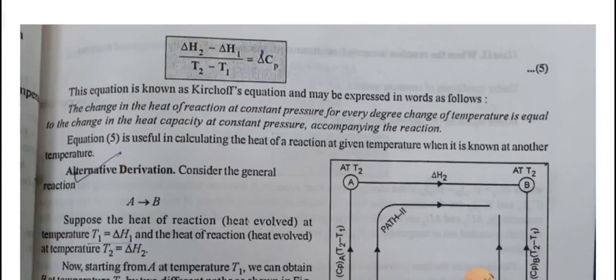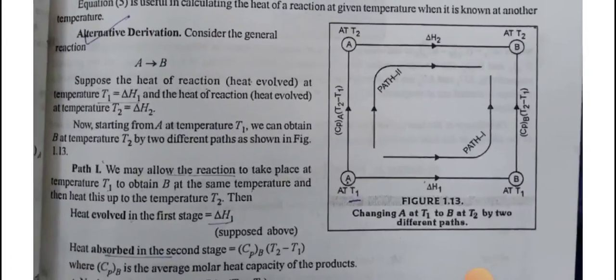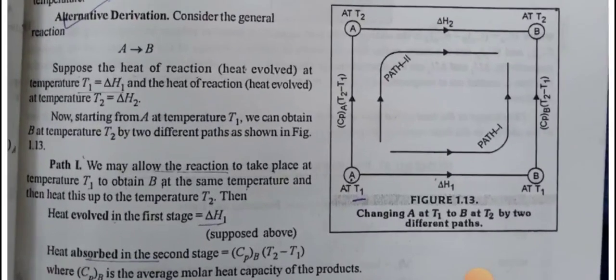Alternative derivation. Consider the general reaction A to B. Suppose the heat of reaction, heat evolved, at temperature T1 is equal to delta H1 and the heat of reaction at temperature T2 is equal to delta H2. Now starting from A at temperature T1, we can obtain B at temperature T2 by two different paths as shown in the figure.